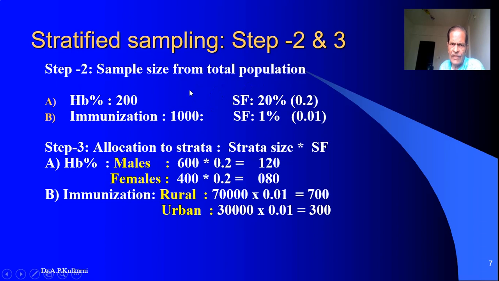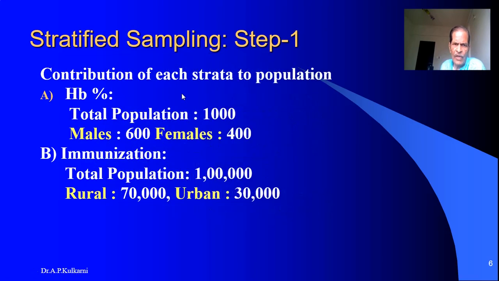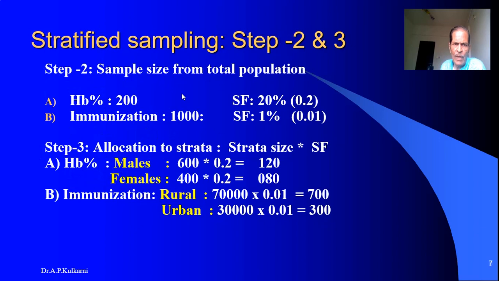Sampling fraction is nothing but the sample size divided by the total population. So 200 divided by 1000 is 20%.